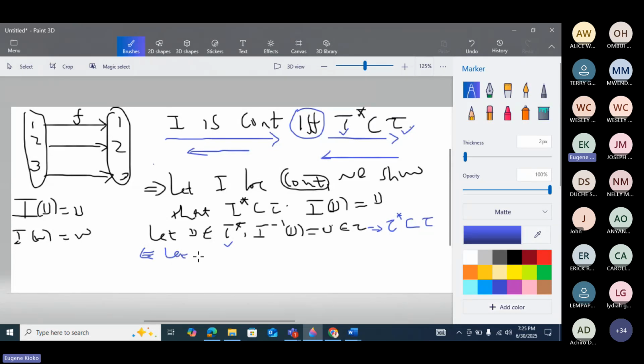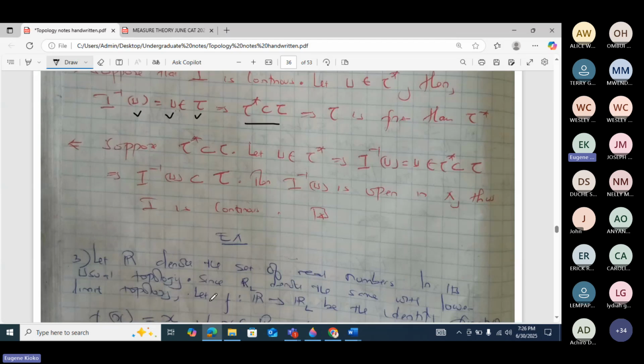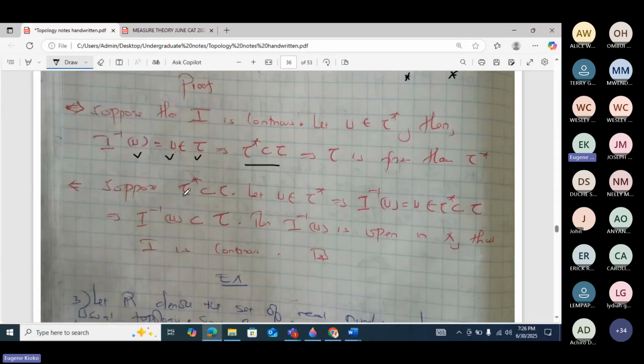Backward means you assume the second statement, which is let tau star be in tau. Then you show that the identity function is continuous. Now, clearly, if you have assumed tau is in tau star and u is in tau star, then we know the inverse of u is u.